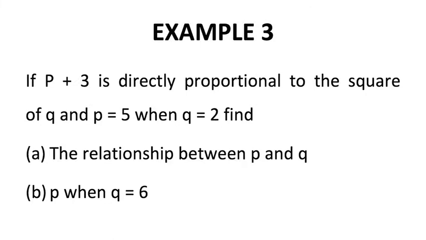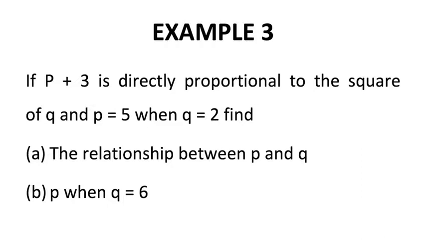Example 3. The question says, if p plus 3 is directly proportional to the square of q, and p equals 5 when q equals 2, find A, the relationship between p and q. B, find p when q equals 6.